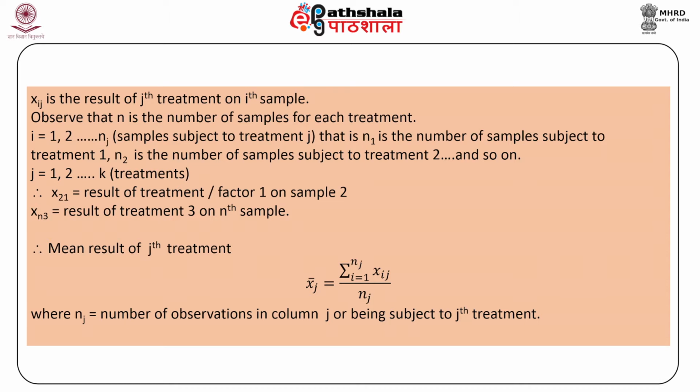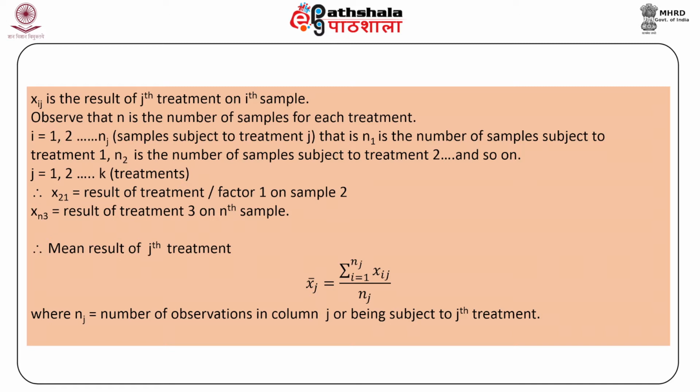That is, n1 is the number of samples subject to treatment 1, n2 is the number of samples subject to treatment 2, and so on, and our j in this case is 1, 2 up to k, which are our treatments, or in our previous example, fertilizers. Therefore, x21 is the result of treatment or factor 1 on sample 2. Similarly, xn3 is the result of treatment 3 on nth sample. That is how these subscripts are interpreted.